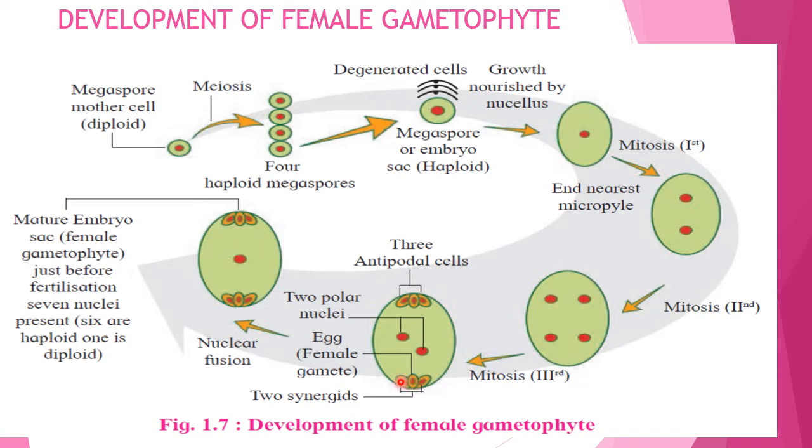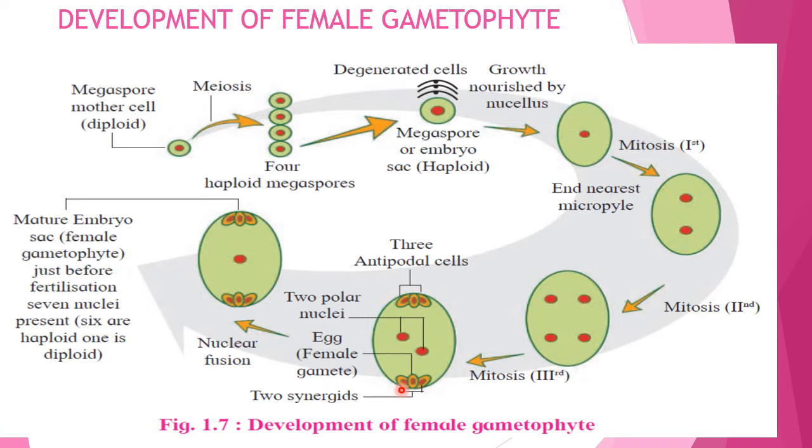And on either side you can see 2 cells, isn't it? They are the synergids. These synergids are the accessory cells we can call. They are assisting fertilization. These synergids have hairy outgrowths, which are known as filiform apparatus.